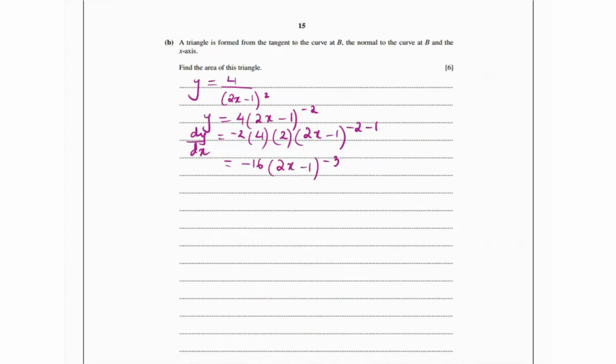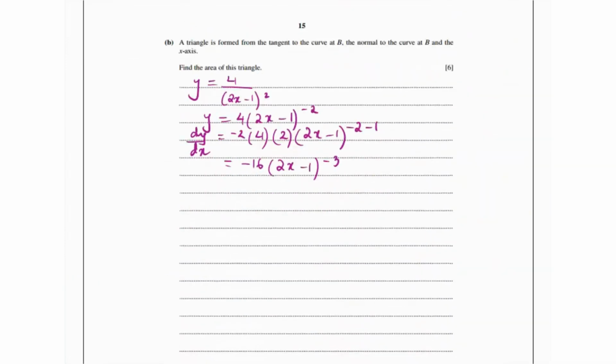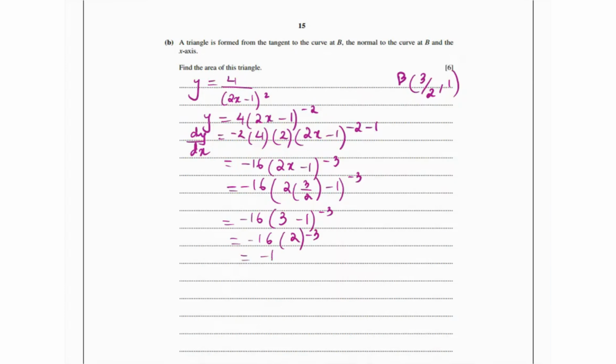Since point B has coordinates of 3 over 2 and 1, put 3 over 2 in place of x and find the value of dy by dx, which is negative 2.